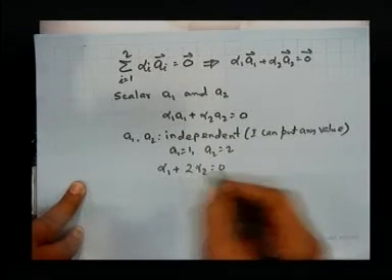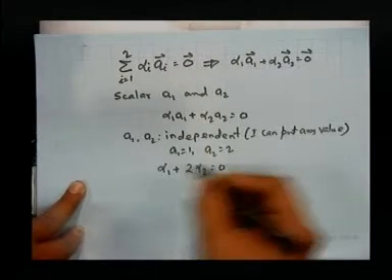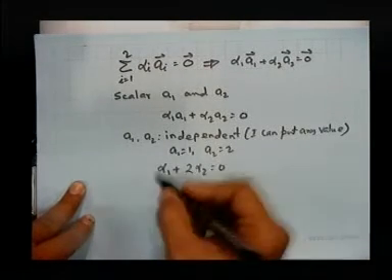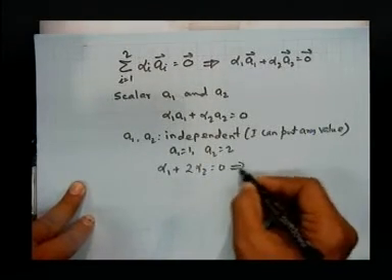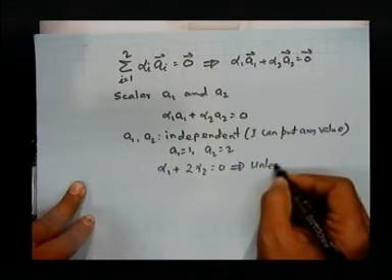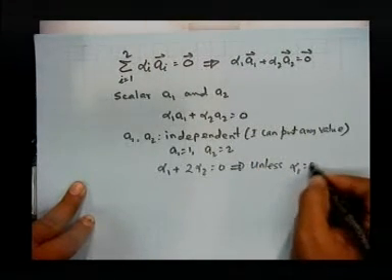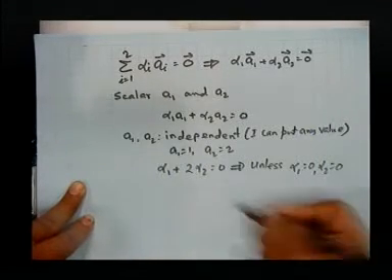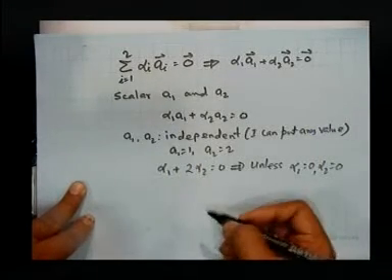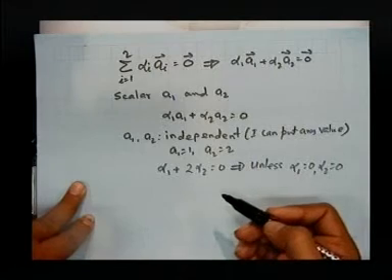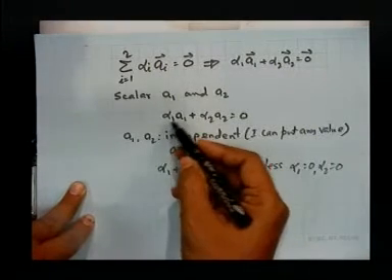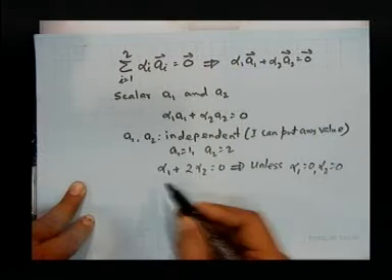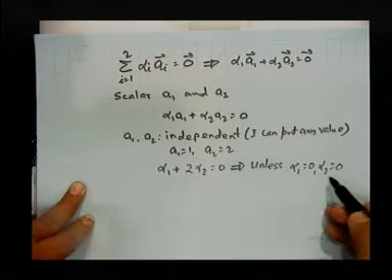From this expression, it is clear that it will never become 0 unless alpha 1 is equal to 0 and alpha 2 equal to 0. So this is the meaning of independence. If a1 and a2 are independent and alpha 1 a1 plus alpha 2 a2 equal to 0, then alpha 1 has to be 0, alpha 2 has to be 0.